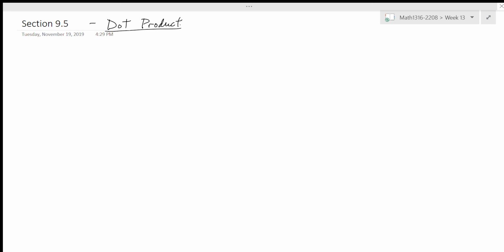And I have a formula for you. So when you're finding the dot product, it's always going to be the dot product of two vectors.